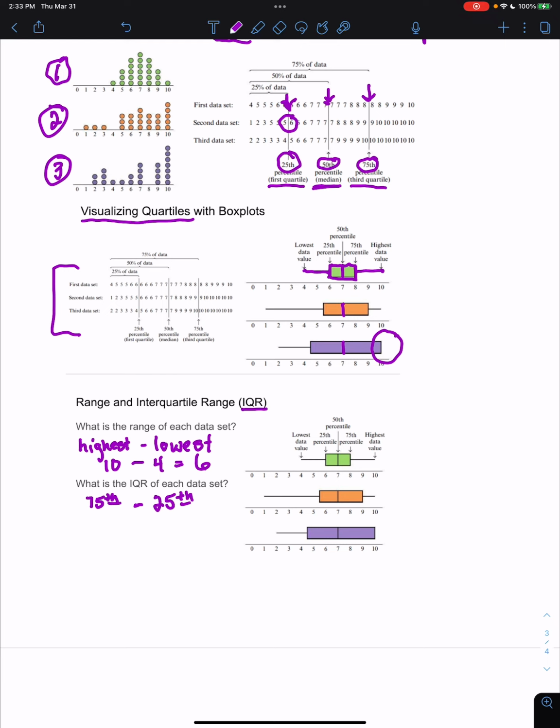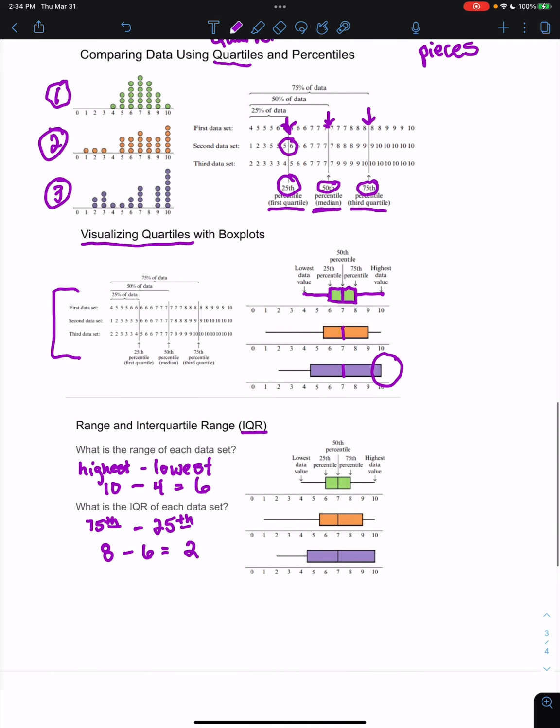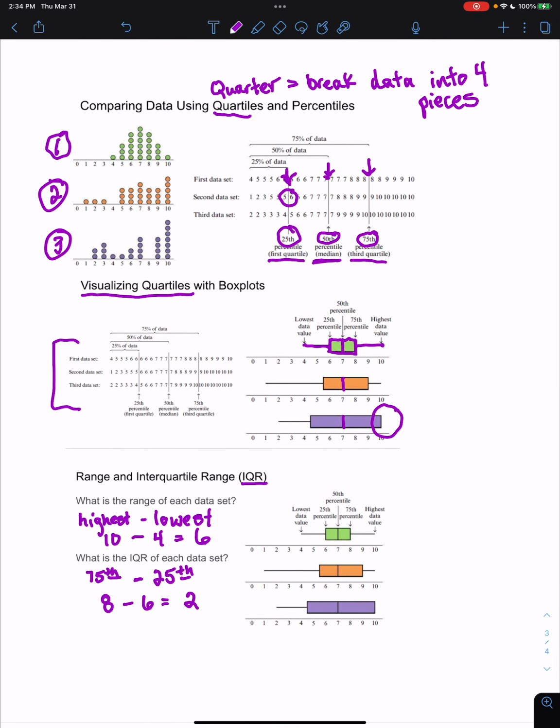So again, for our first data set, our 75th percentile is at 8, and our 25th percentile is at 6. So our interquartile range is 2. So just know how to calculate these things and know how to find the different quartiles, percentiles, and then use them to draw a box plot.